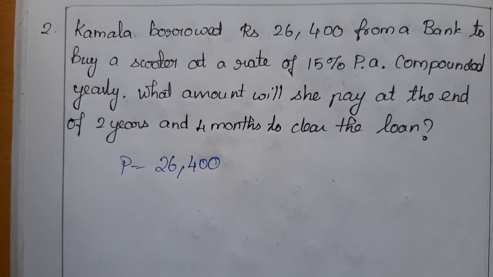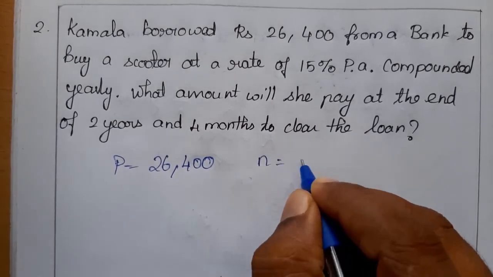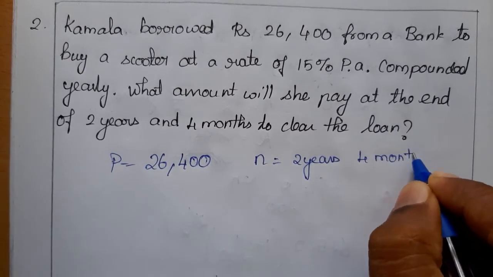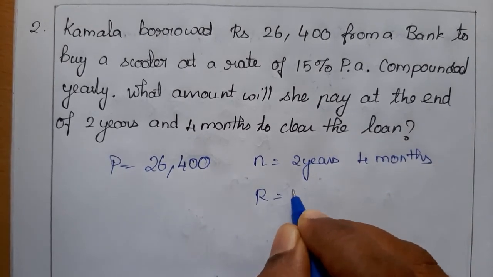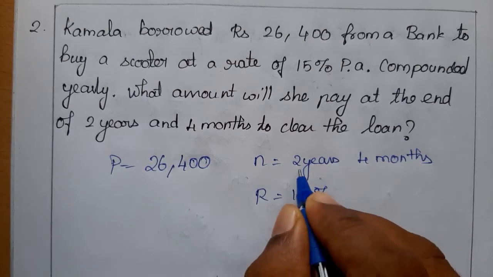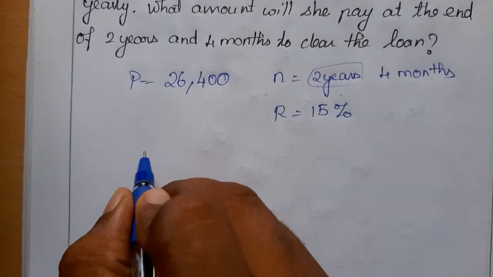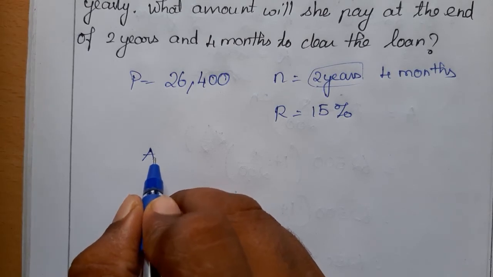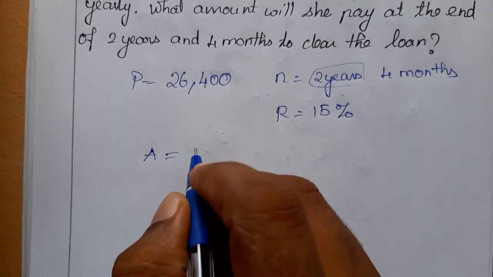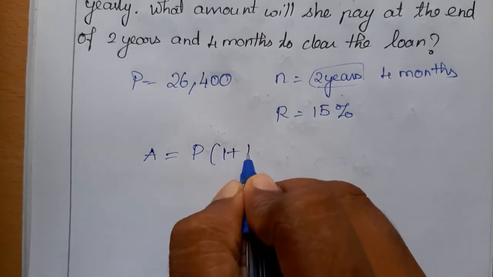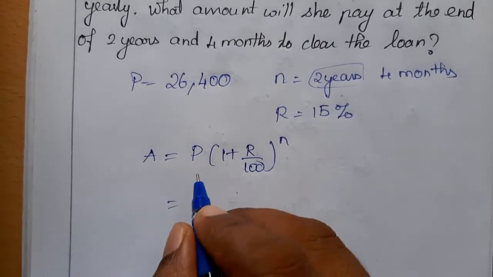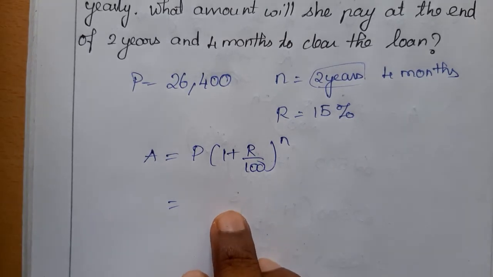So principal is 26,400. So n is equal to 2 years 4 months, and the rate is 15%. So for 2 years we find with the compound interest annually. So A is equal to P into (1 plus R by 100) power n. So only for 2 years we are going to find the compound interest annually.